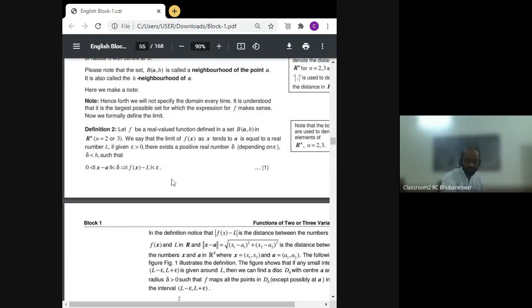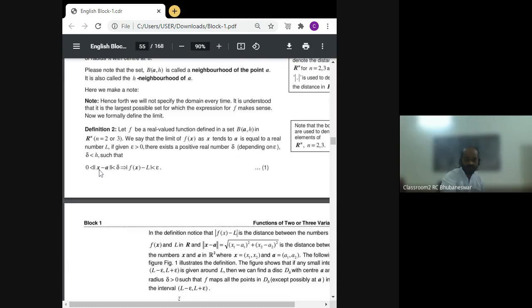So that has been written like that. For every given epsilon greater than 0, there exists a positive real number small delta that is depending on epsilon, and small delta is less than h. Here h is the radius of the ball that was discussed earlier in the neighborhood of the point, and that has been summarized here.